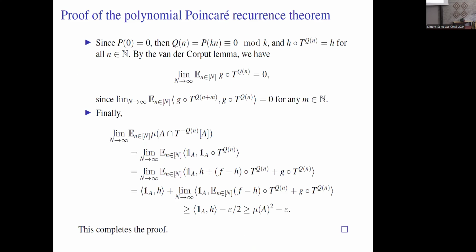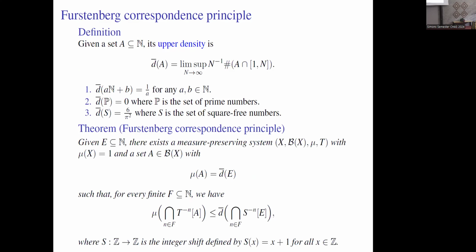And let me now explain why, because of the Furstenberg correspondence principle, which can be formulated as this nice result. It says that if we have a subset of integers, then there exists a probabilistic measure preserving system and a measurable set. And two properties are important here in the conclusion.